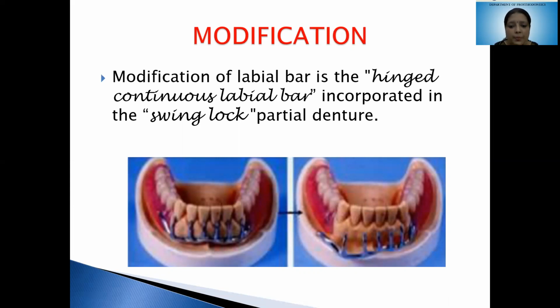The gate is opened, the labial bar is moved out, the gate is opened fully. You see the second picture, you can see how the gate is opened. The appliance is placed inside the mouth. Then the labial bar is swung shut and it is locked in place with a small lock in the appliance. This kind of appliance is called a swing lock appliance.